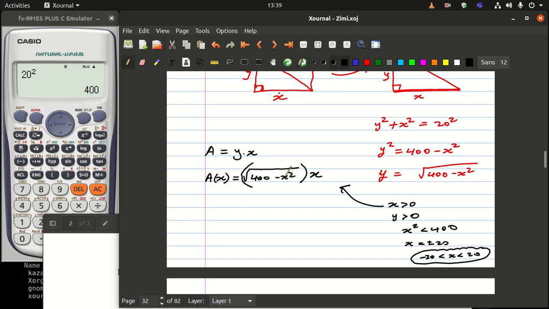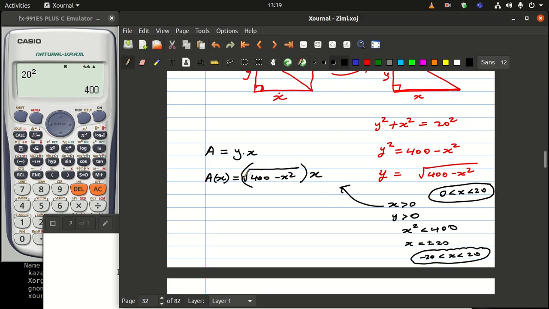We want to have this contained, because once this becomes too big or too small, this is not going to be defined. Combining this with that, we'll end up saying that 0 is less than x and x is less than 20.